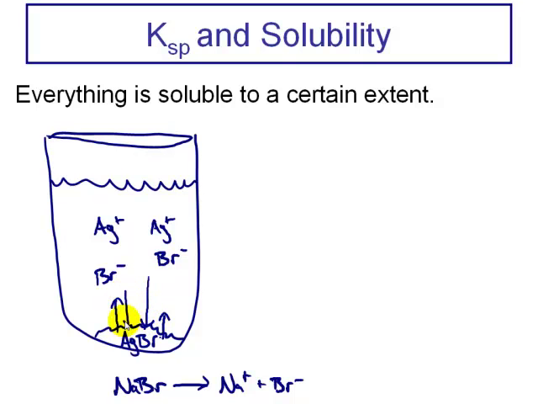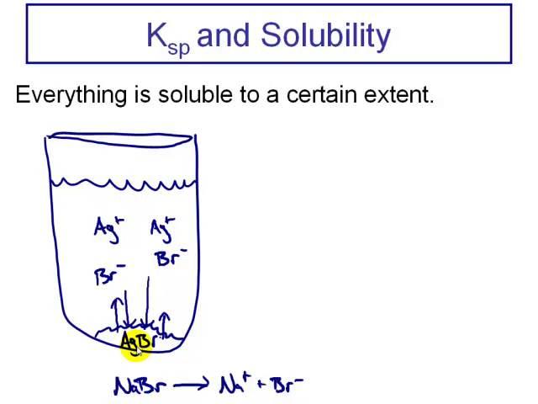And once these two processes, which are opposites of each other, the dissociation of silver bromide into ions and the recombination of these ions back into the solid, happen at the same rate, after these ions have built up to a certain concentration, then the system would be at equilibrium, because the two processes will be happening at the same rate.